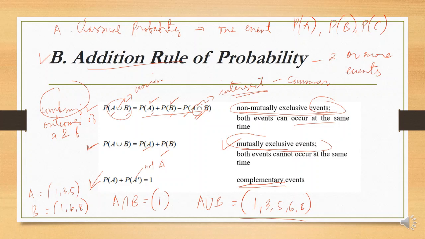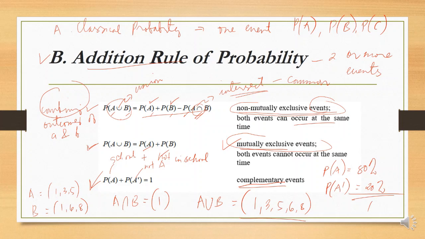Halimbawa, what is the probability that you are in school plus the probability that you are not in school is equal to 1. Halimbawa, if the probability that you are in school is 80%, okay, meaning the probability that you are not in school is 20%.